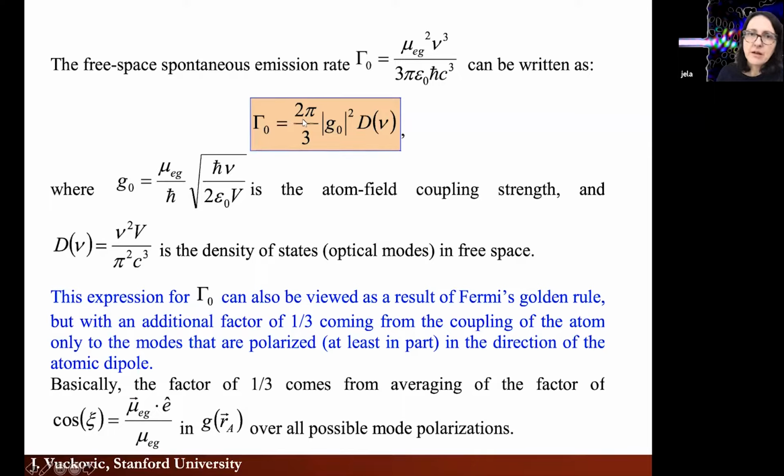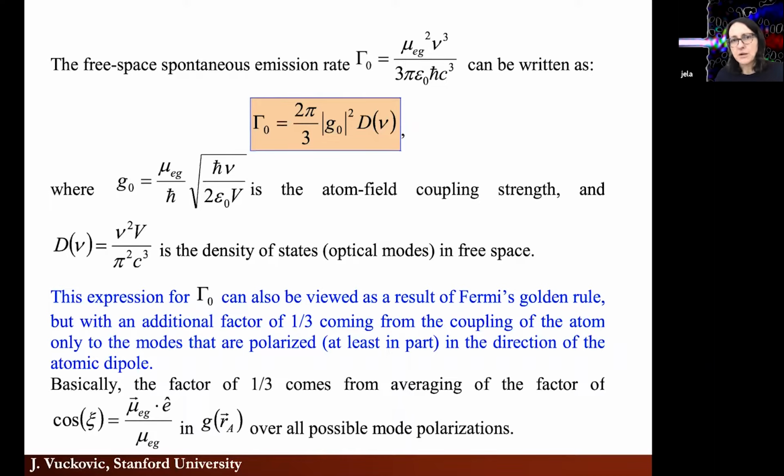So another, more formal way of seeing that you have 1/3 here would be to go back to the full definition of the coupling constant between the atom and the field, which also would have this cosine psi term, which comes from the alignment of the dipole to the field. And of course, it also has the other psi term that depends on the dipole alignment relative to the field maximum.